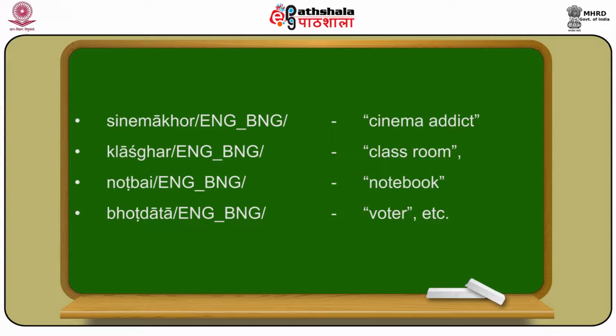Similar other examples are class ghar, note boi, board data. If you look at those examples, you can see very clearly that the first part is an English word and the second part is a Bangla word. So in those cases also, my simple suggestion is that in those combinations of compounds, we should have double tags, English underscore Bangla or Bangla underscore English, as the case may be.